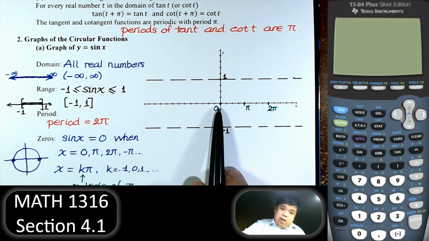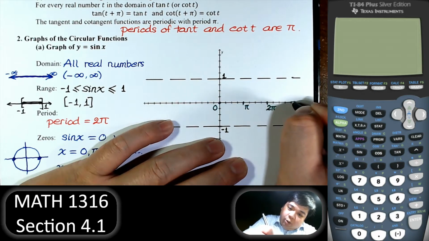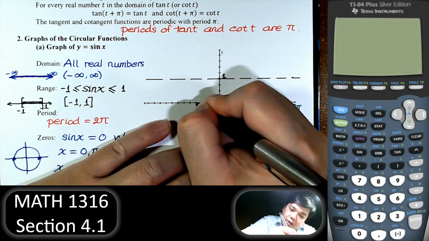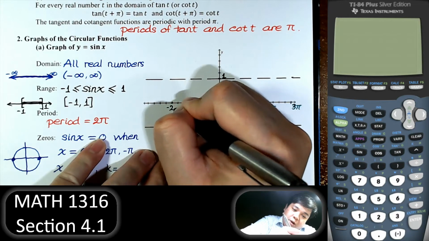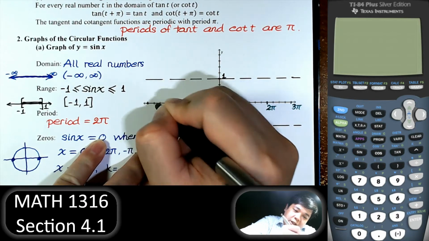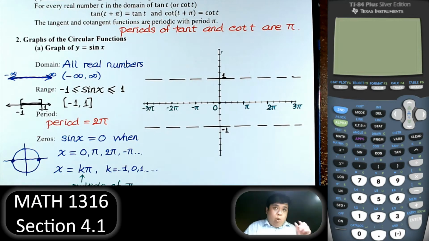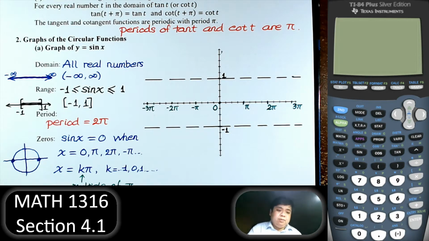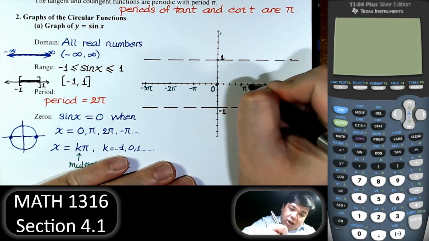So pi, 2 pi, and then 1, 2, 3, 4, that would be 3 pi. The opposite direction, 1, 2, 3, 4, that's -pi, -2 pi, -3 pi. Because we might have to divide smaller, so we choose 4 ticks to be a pi. We know for sure those are the values where the function equal to 0. So the graph will get back, we have this point on the graph.